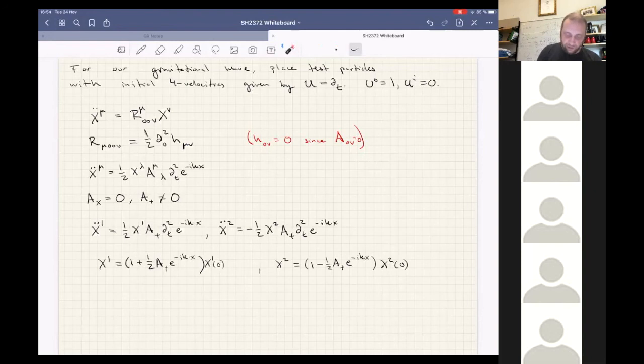Well, it means that if we look at x1 for some times that are not 0, we're going to have some kind of oscillation in x1 with the amplitude half a plus, and since we have a plus here in x1 and a minus in x2, the phase of these oscillations in x1 and x2 are opposite.